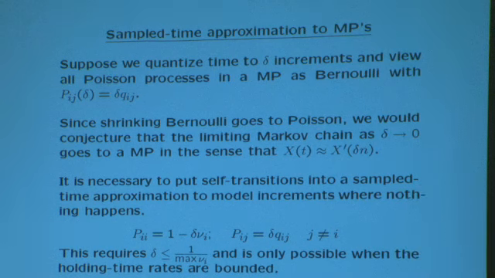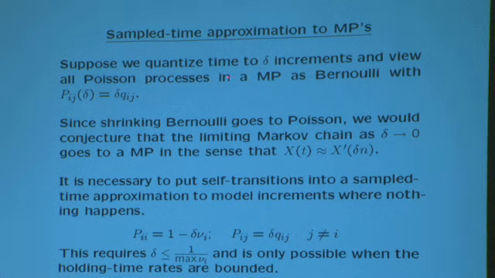Okay, let's look at sample time approximations to Markov processes. What we're going to do here, and we already did it in the last chapter, we just didn't talk about it quite so much, is quantize time to increments of delta. We viewed all Poisson processes in a Markov process. Remember, we can view all of these transitions as independent Poisson processes, all running away at the same time.